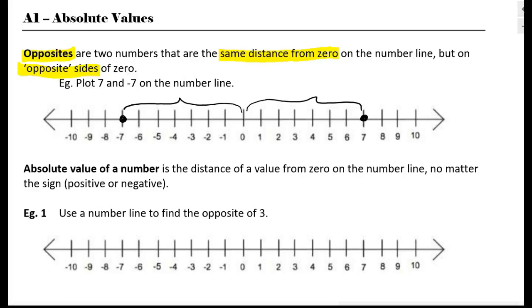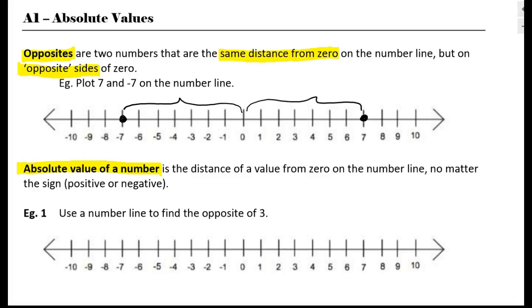An absolute value of a number looks specifically at this distance from 0, and it doesn't care about the direction. It's kind of like in physics, when we talk about vectors versus scalar measurements. Opposites include directions, like your vectors, whereas your absolute value is strictly your scalar measurement, that quantitative value without direction.